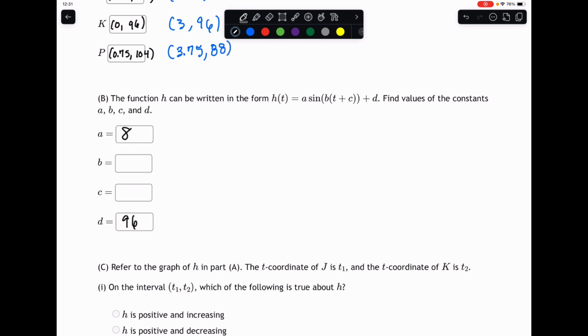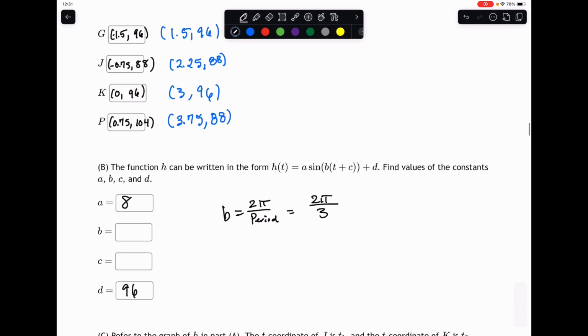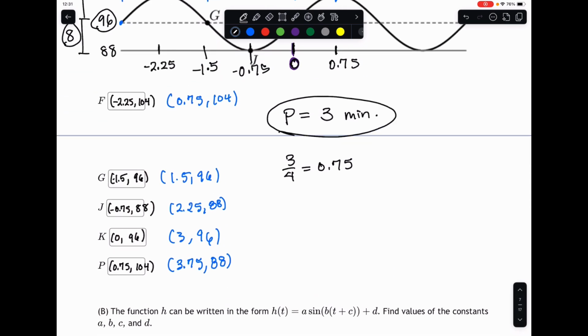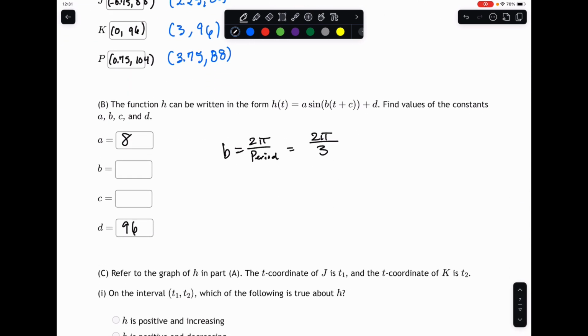Now, to get the second point, we're going to get the value of B by yet again using 2 pi divided by the period, which we know is 3. We got that again from right here, that the period was 3. So the value of B is 2 pi divided by 3. And our value of C is going to be, since we're doing a positive sine function, we can start at 2 locations.